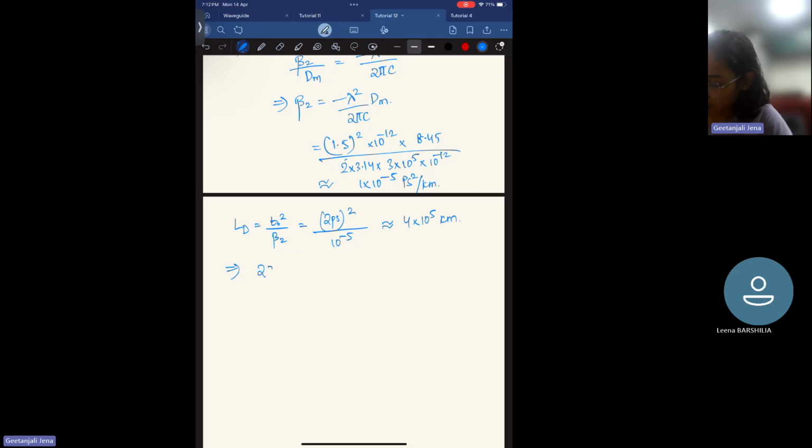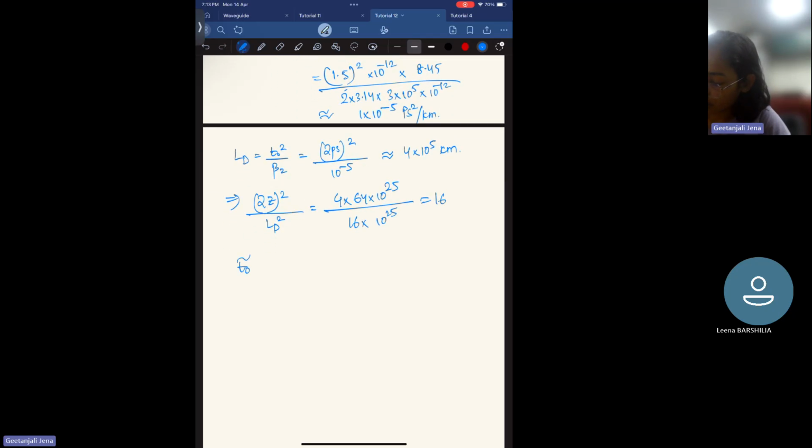Now if you calculate the constant, which is 2 z square by LD square. This is nothing but 2 into 64 into 10 to the 10 over 16 into 10 to the 10, so this will give 16.